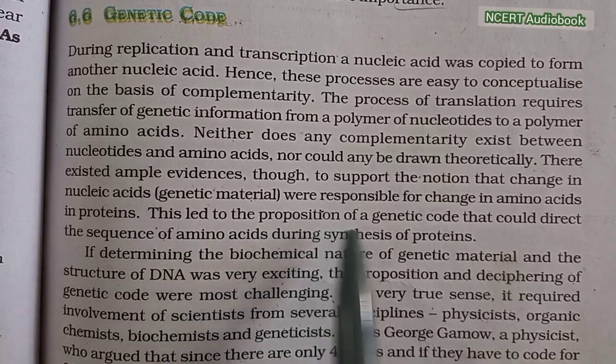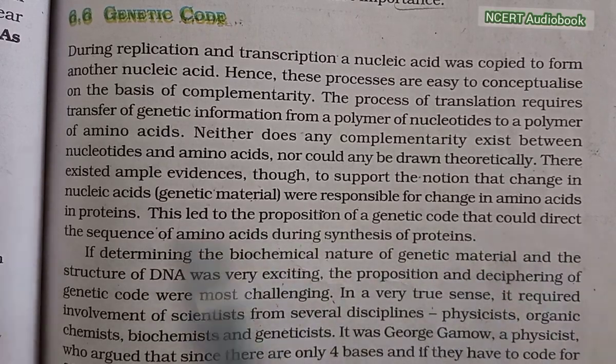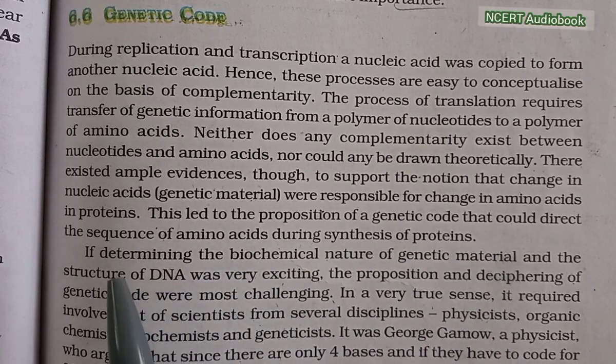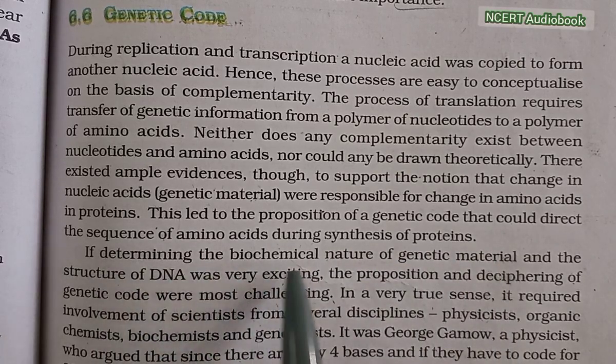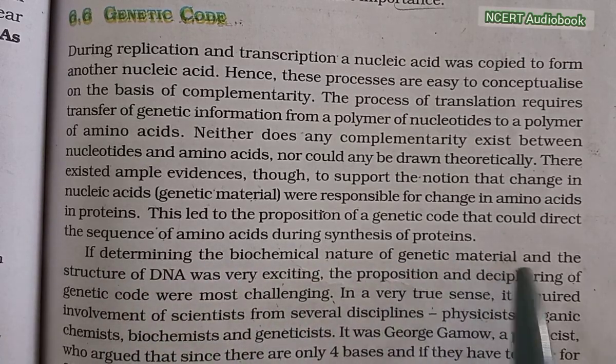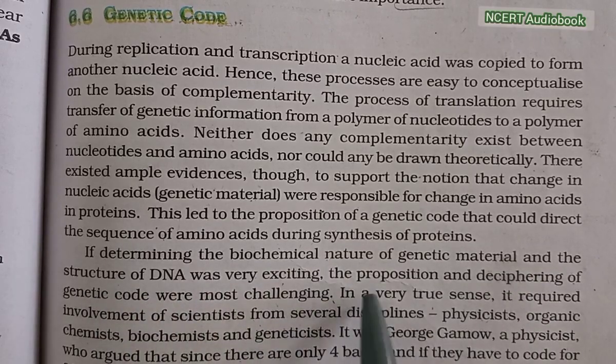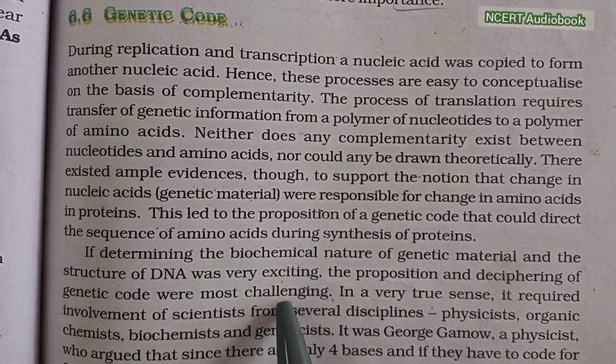This led to the proposition of a genetic code that would direct the sequence of amino acids during the synthesis of protein. If determining the biochemical nature of the genetic material and the structure of DNA was very exciting, the proposition of deciphering the genetic code was even more challenging.